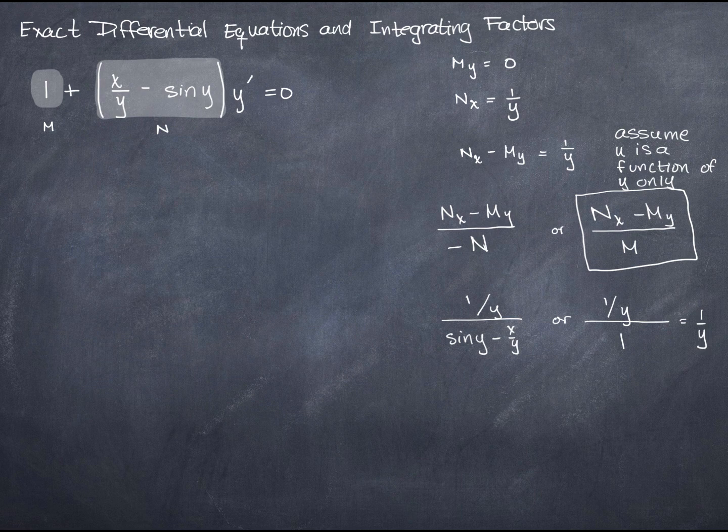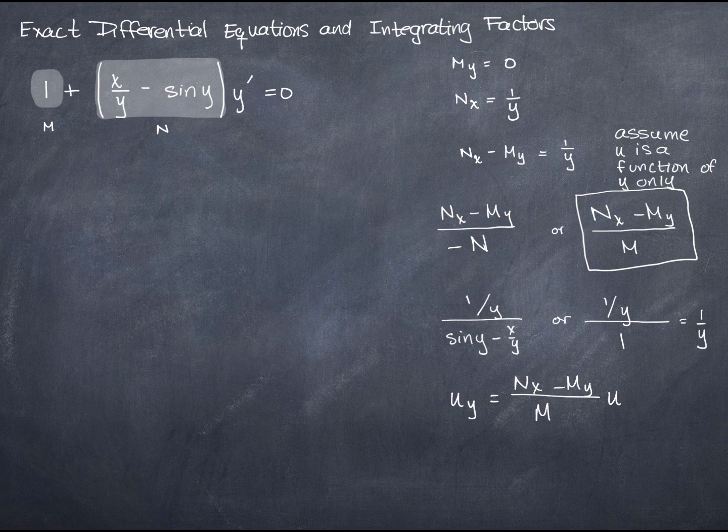So now I have to figure out what my integrating factor is, and this is another place where it's really easy to leave something out. What I'm actually looking for is u sub y, because I'm using the version where I've taken the derivative of something with respect to y, right? I'm looking for n sub x minus m sub y, in this case over m, times u.